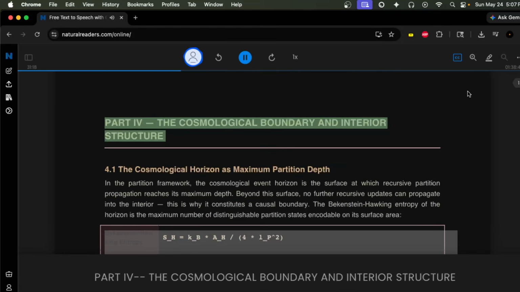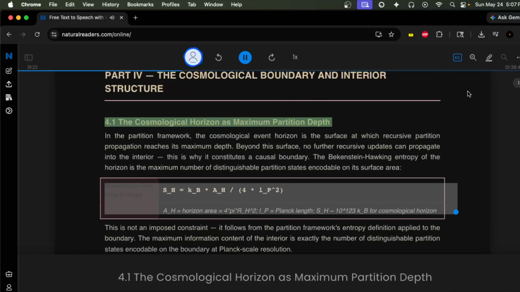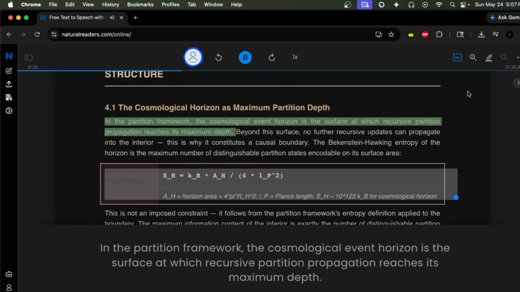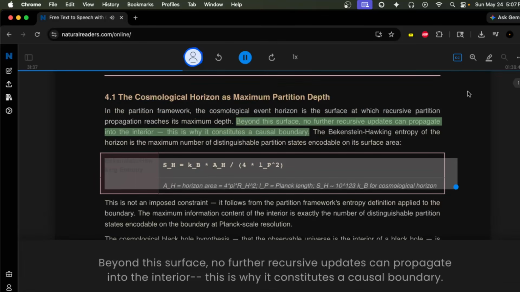Part 4: The cosmological boundary and interior structure. 4.1 The cosmological horizon is maximum partition depth. In the partition framework, the cosmological event horizon is the surface at which recursive partition propagation reaches its maximum depth. Beyond this surface, no further recursive updates can propagate into the interior. This is why it constitutes a causal boundary.